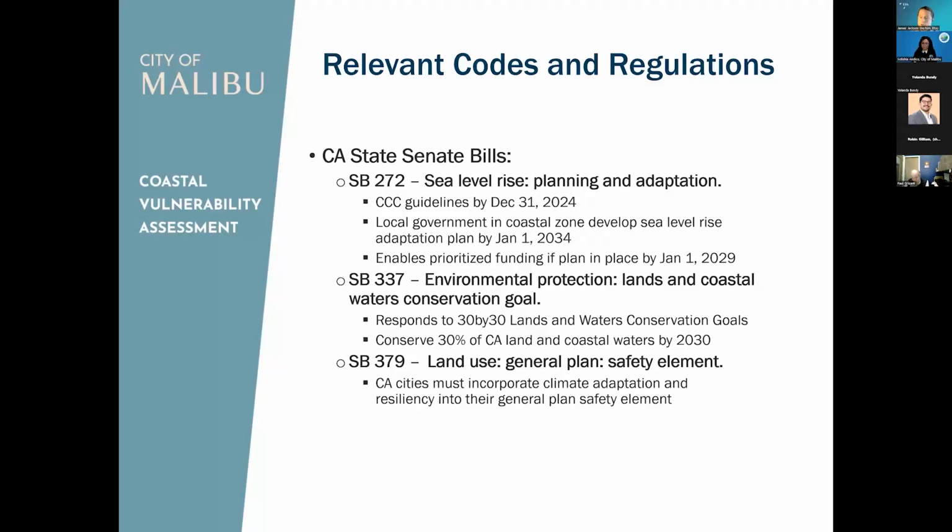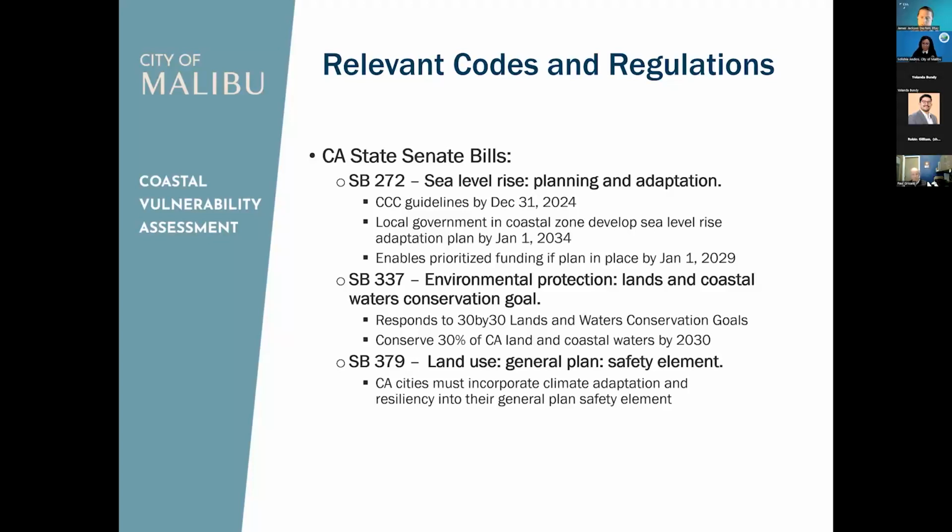This Senate bill also requires local governments in the coastal zone to develop a sea level rise adaptation plan by January 1st, 2034, about the next 10 years, as a part of the local coastal program, subject to approval by the Coastal Commission. Local governments that receive approval for a sea level rise plan would then be prioritized for funding for implementation of sea level rise adaptation strategies and recommended projects if their plan is in place by January 2029.